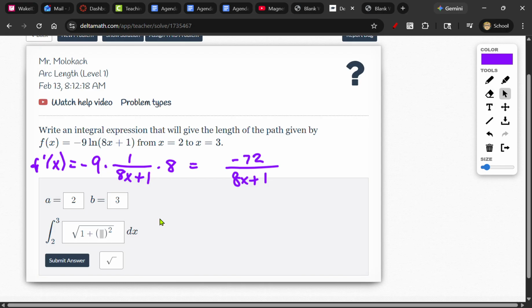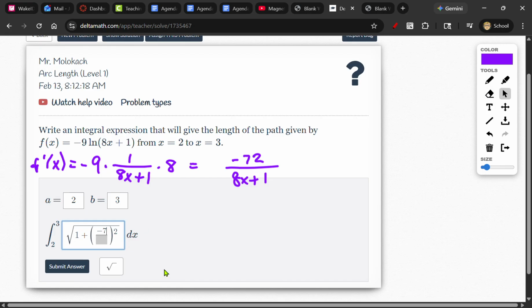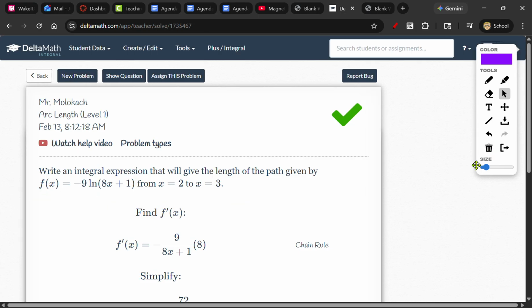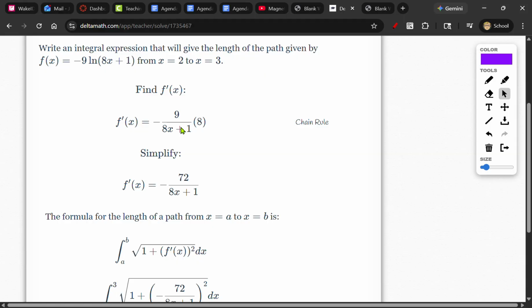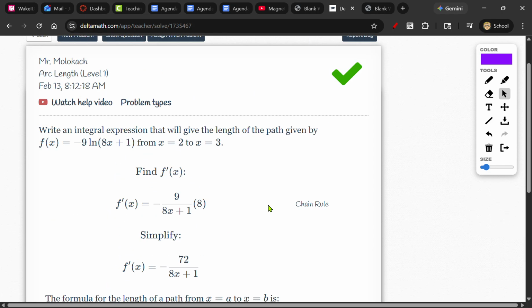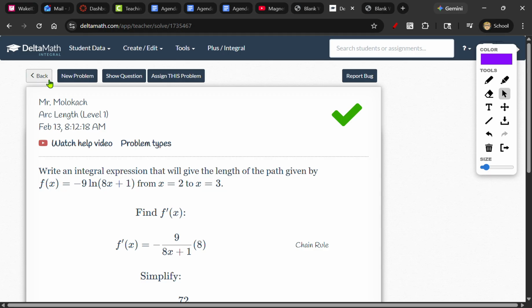So I'm going to stick that expression there in parentheses. Okay, and I'm going to go ahead and submit my answer and get the green check mark. So find your derivative, stick it in that set of parentheses, make sure you do 1 plus the derivative squared under the square root along the given interval. Pretty easy stuff, right?